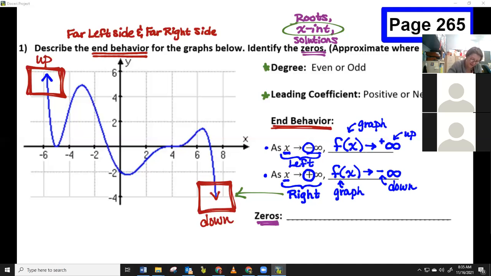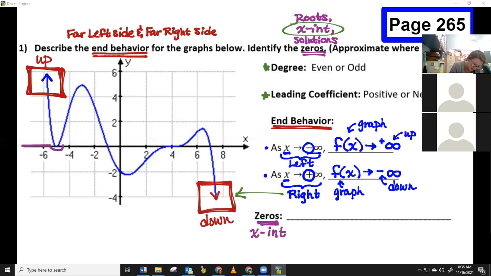Okay, let's do our zeros next. We're looking for our x-intercepts. We've got quite a few on this graph. So here's what I do to make sure I don't accidentally miss any. I'll take a pen or my finger, and I'm going to trace along the x-axis. And anytime my graph touches or crosses the x-axis, I'm going to stop and write down that ordered pair. So I'm going to start on the left-hand side, trace across here.